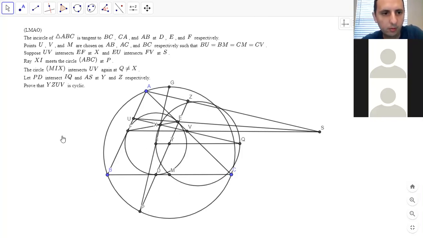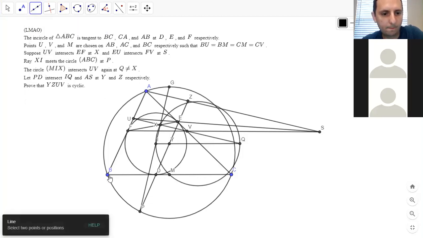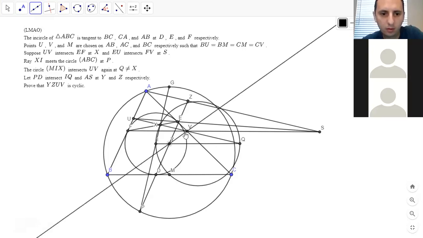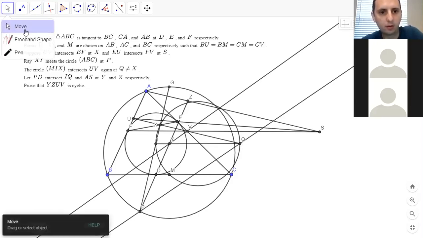YB and PQ. Let's see. YV. No, YV, sorry. Yeah, YV and PQ. I think they might be parallel. Could you check it?